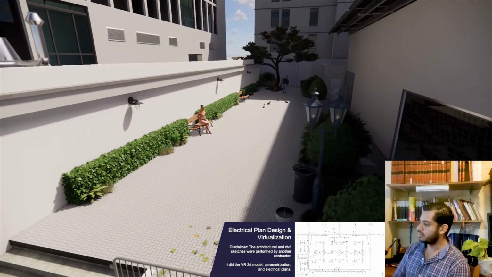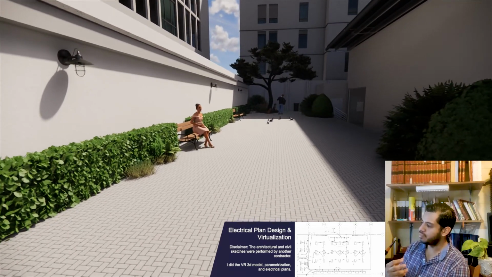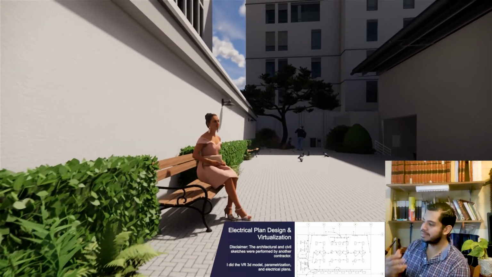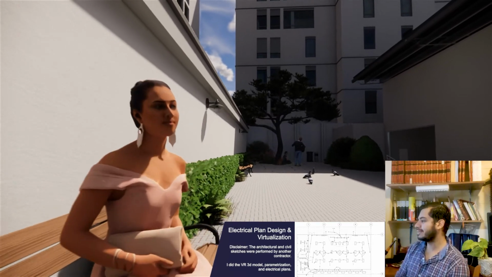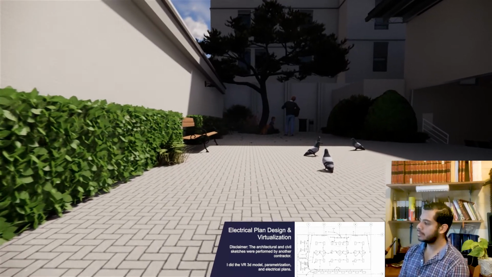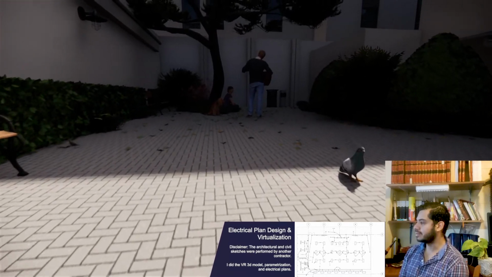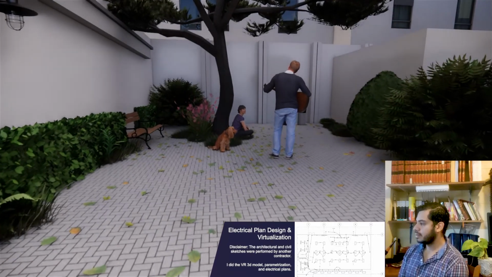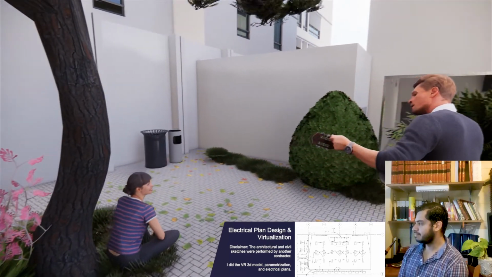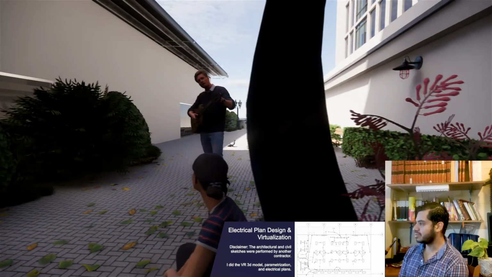I placed all those props just to give the demo a little bit more character, to make the place feel like a real place that could exist in reality. This is like an actual place, but when I did this, the place was still not even in the planning phase. I just did the electrical.